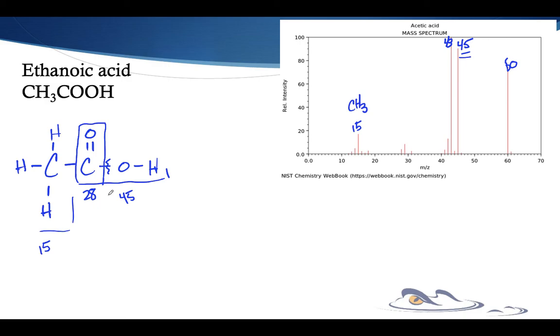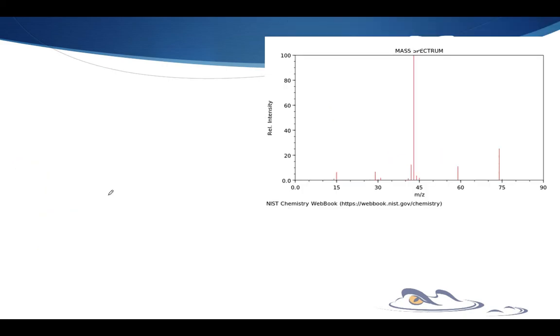What you can't do is this. All right, so I have one more spectrum, and I just want to emphasize something. Here's another spectrum. I'm not going to tell you what it is. You can't just sit down and look at this spectrum and try to figure out what every one of these pieces is.